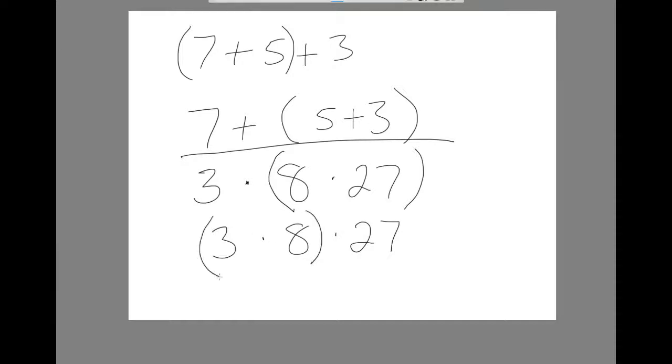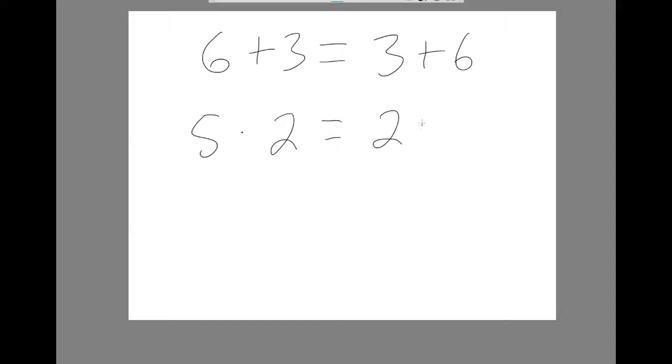Put that in parentheses, and now we say we're going to do 3 times 8. Now, you may have noticed I didn't really need to put this in parentheses because I changed the order of operations simply by removing the parentheses, because now we work from left to right, so we would start with 3 times 8 times 27. So if they had been removed, it's the same as if I would have had them there. So that's our associative properties of addition and multiplication.